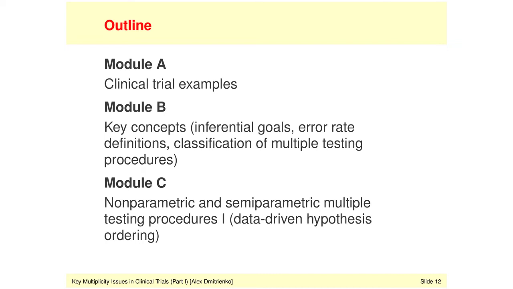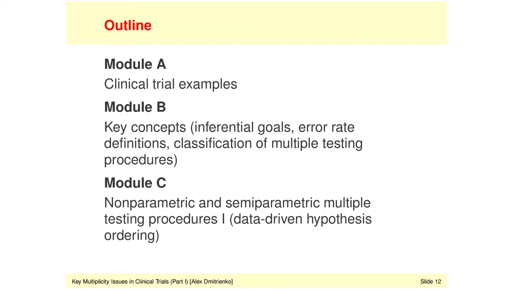It is the so-called closure principle. I will then define a class of p-value based procedures, non-parametric procedures for addressing multiplicity problems with a data-driven hypothesis ordering or testing sequence. Non-parametric and semi-parametric procedures will be discussed, and we'll also go over the underlying assumptions on the joint distribution of hypothesis test statistics in each clinical trial.